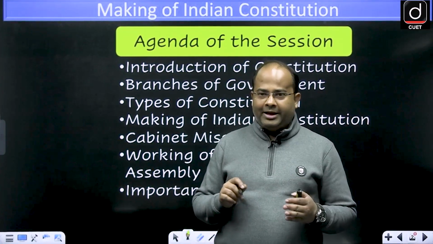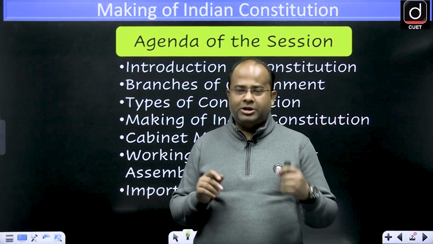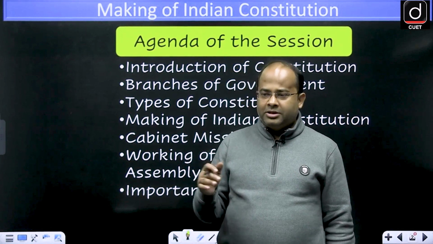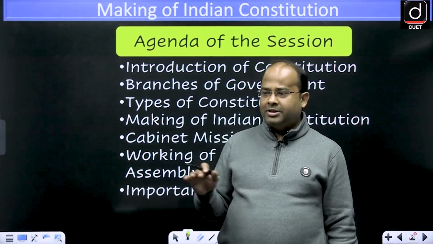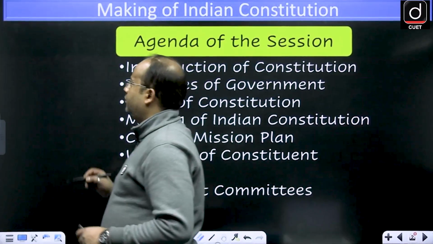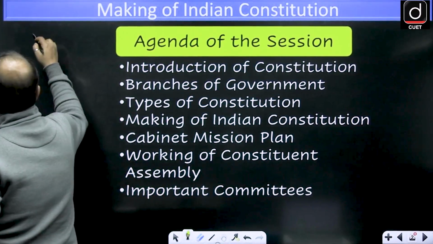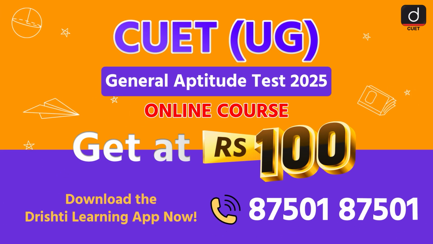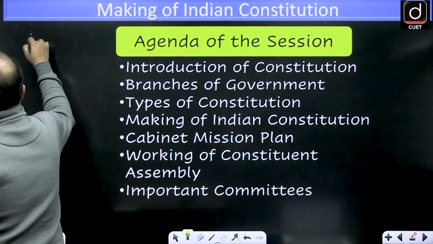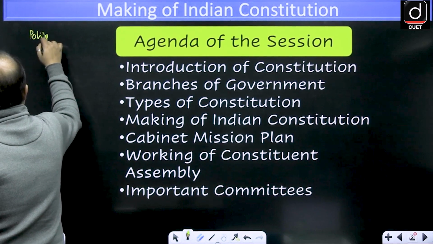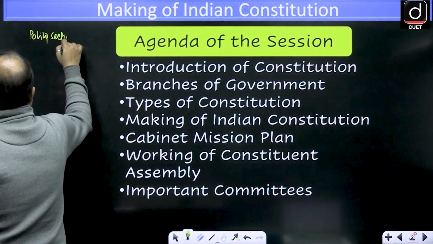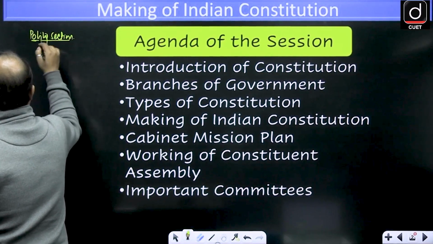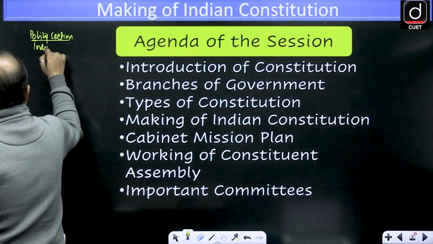So this polity is a part of social science, and generally in the polity section you will find the Indian Constitution. So in the polity section the question is asked from the Indian Constitution.